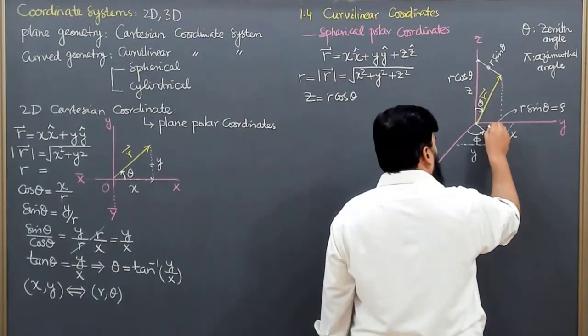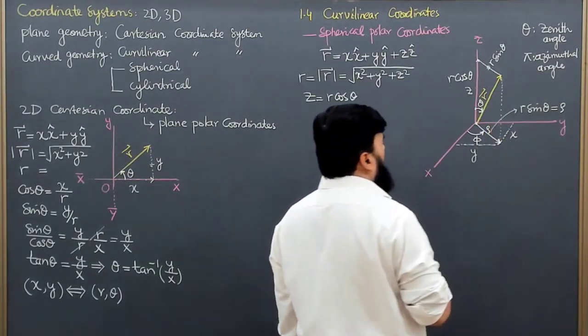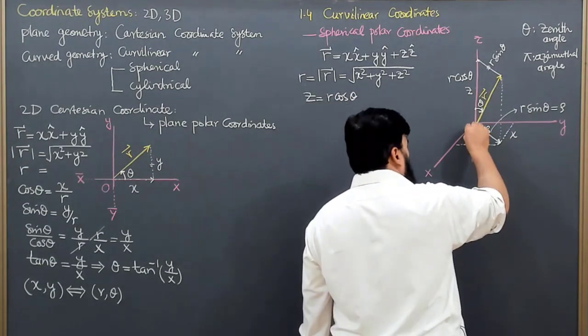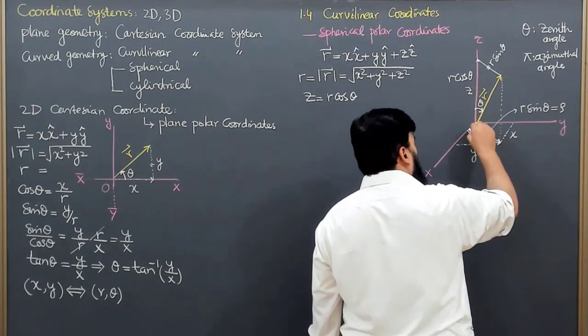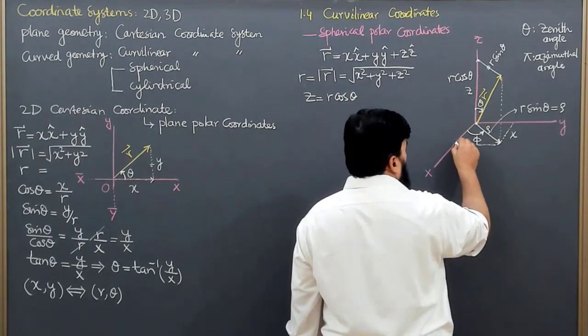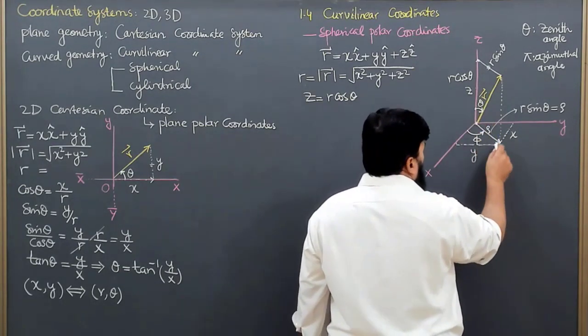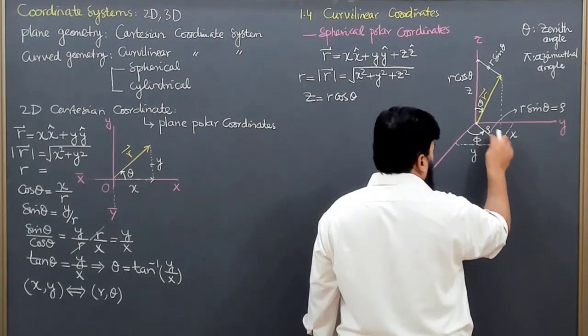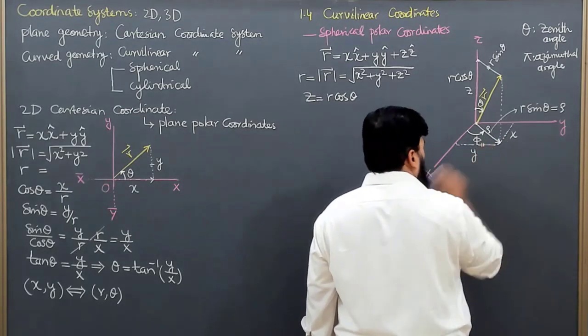So this vector is equal to rho here. As the phi angle starts from here, x is the base, and it reaches here, so rho is the hypotenuse and this component is the perpendicular.